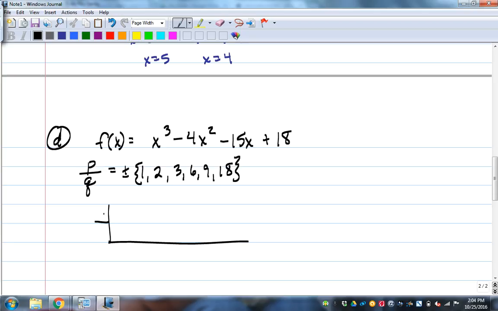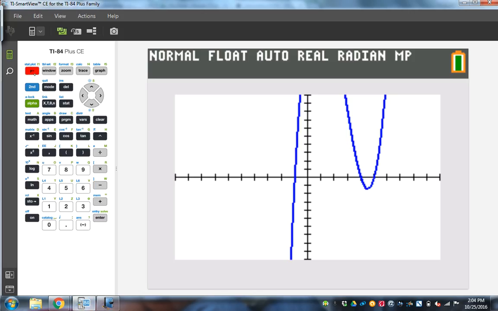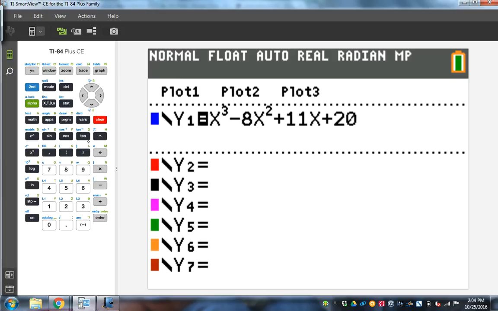Next step is set up your synthetic: 1, -4, -15, 18. And then what are you going to do? Plug it in the calculator and graph it. See where it's crossing the x-axis. I'm just going to clear out the other polynomial, x to the third minus 4x squared. Make sure you use a minus sign, not a negative sign. We had that problem.